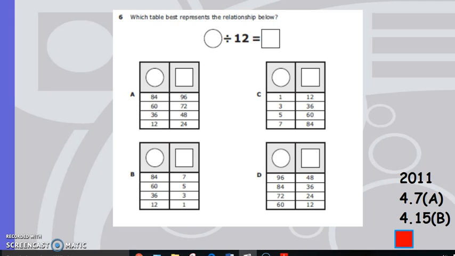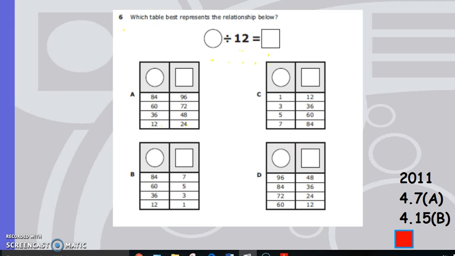Let's read the problem. Which table best represents the relationship below? We look at the relationship, we have circle divided by 12 equals square. So, to answer this particular word problem, we need to find a circle, plug it in, divide it, do the operation, and see if you get the corresponding square.